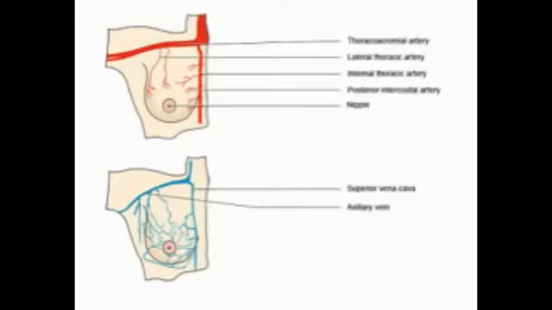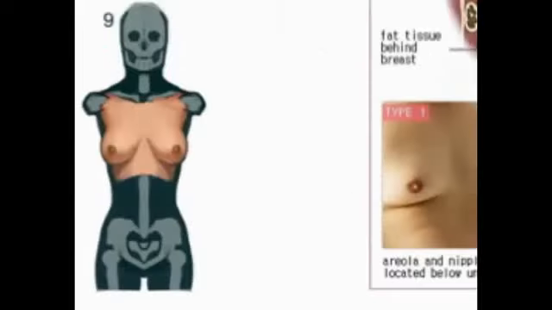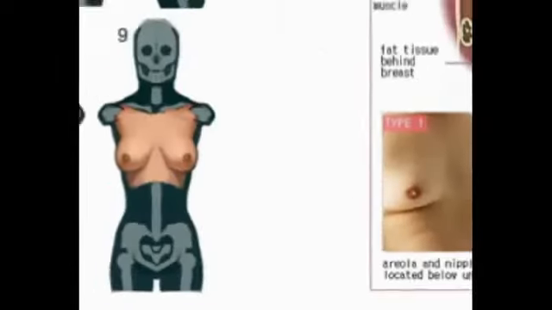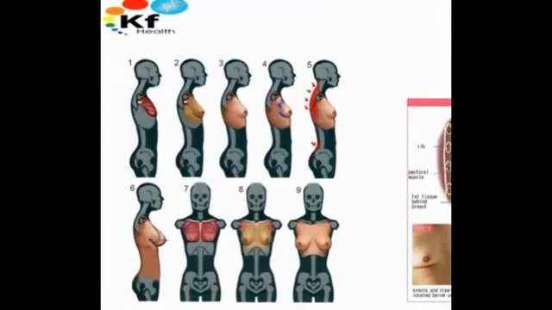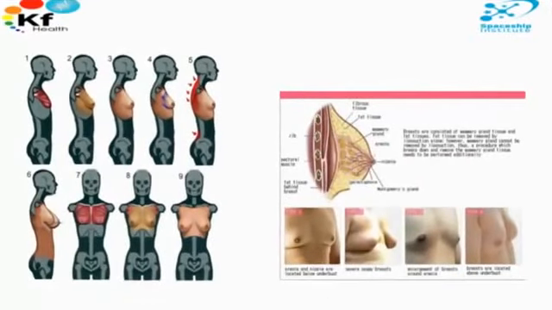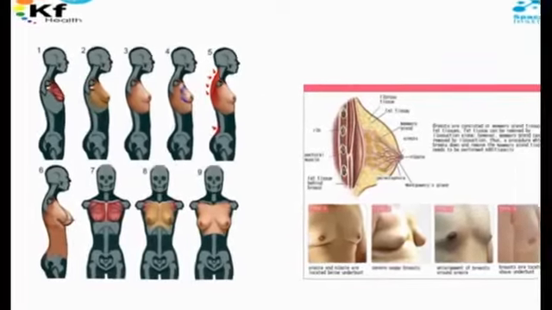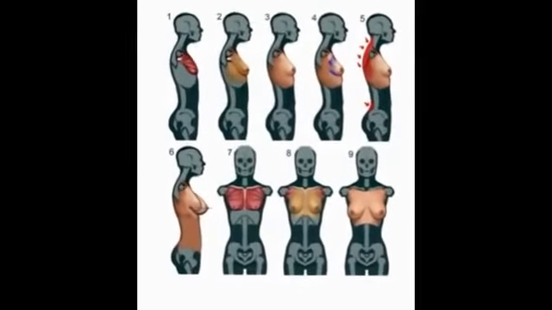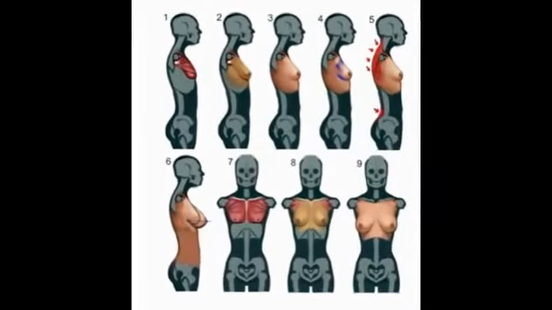Okay, then we go to the next slide. The next slide is a representation of different shapes of the glandula mammae. It is regarding the shape of our spine and how gravity goes through our spine. It is also regarding the strength of the muscle tissue in our thoracic area, especially the pectoralis major and minor muscles.